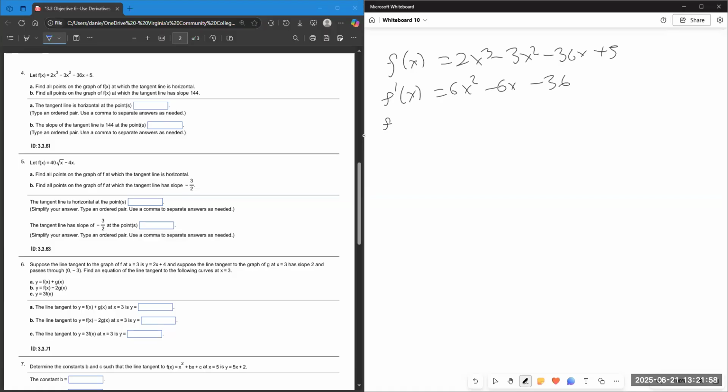And we want to find where that tangent line is horizontal, which means it's going to have a slope of 0.